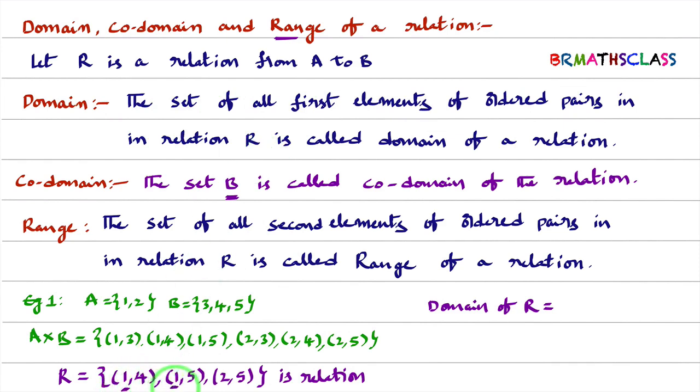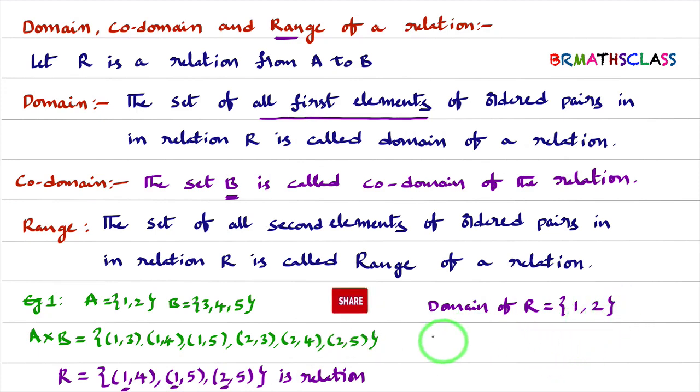Please observe here: 1 is the first element and 2 is the first element. The set of all first elements of ordered pairs in a relation R is called the domain of the relation. So the domain of the relation is {1, 2}. 1 is repeated, so no need to write it again. This is the domain of the relation.